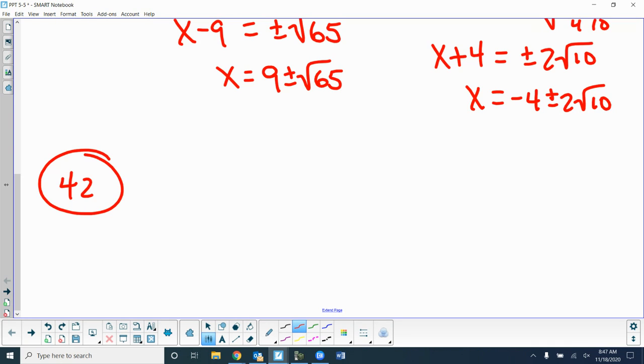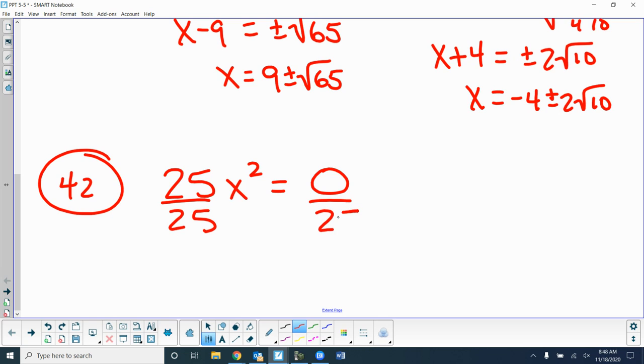42, there was no x, right? So what do we say we could do if there's no x in it? We did that the night before, actually. Do we complete the square? No. Just get the x squared alone. So how do I get the x squared alone? How do I move that 25? Divide, right? What's 0 divided by 25? 0. And then what do I do to both sides?